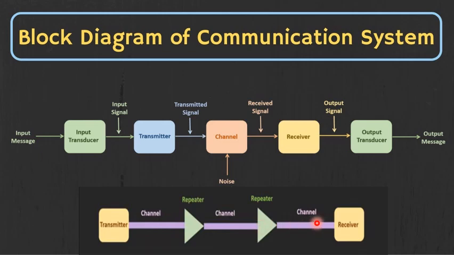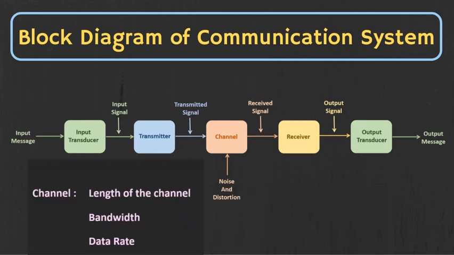These regenerative repeaters detect the distorted and noisy signal and generate a fresh copy of the transmitted signal, and then the signal is once again transmitted over the channel for a particular distance, after which again it is given to a repeater that detects the distorted and noisy signal. By means of this, we can send a transmitted signal over a very long distance without any distortion in the signal.